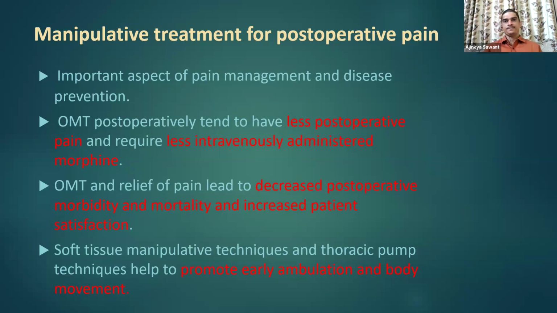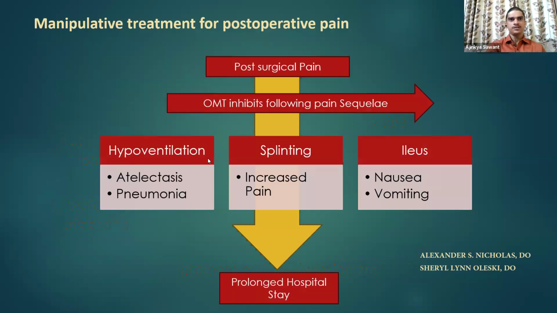Lymphatic drainage to reduce swelling. ISTM. Yes. Correct. So these soft tissue manipulative techniques and thoracic pump techniques help to promote early ambulation and body movements. So this is just a diagrammatic representation.